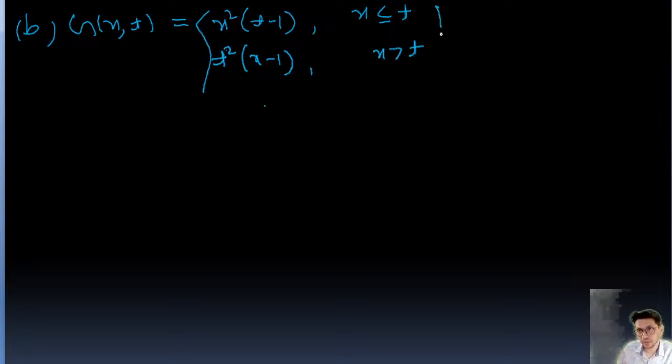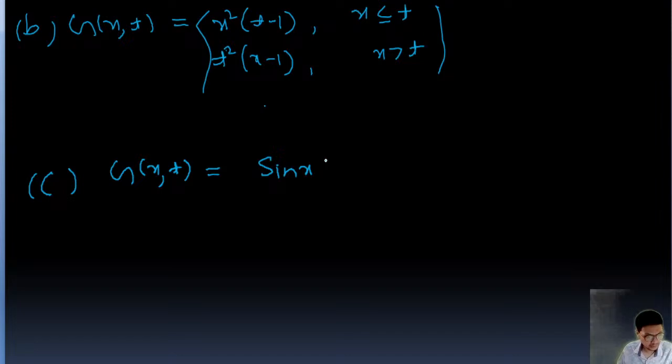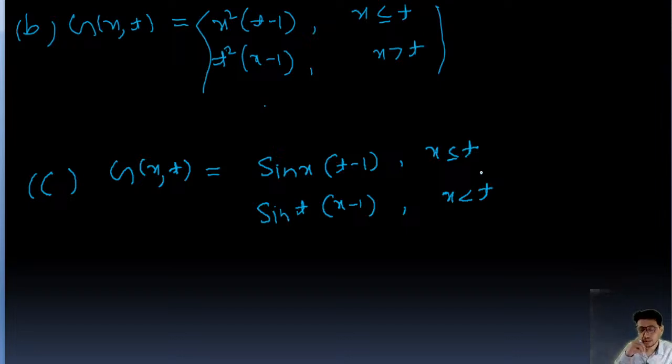So this is the greater value, right? Next, option C is g, which is a function of x, t, equal to sin x into t minus 1, and this is for x less than or equal to t, and the second is sin t into x minus 1, for x greater than or equal to t.